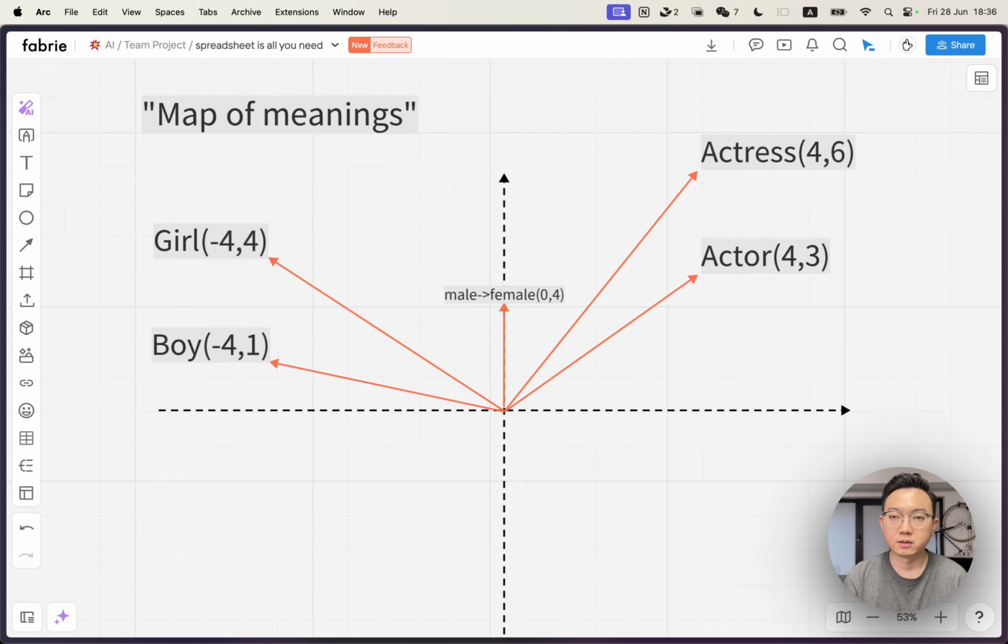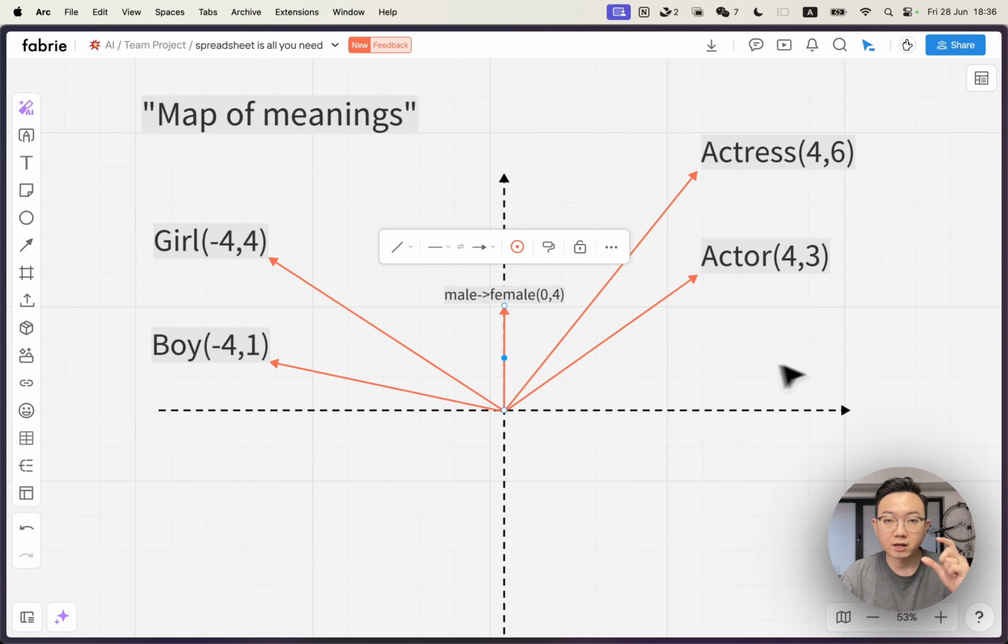If we take a look at actor and actress, these two vectors, the difference between them is a smaller vector pointing from actor to actress, right? The difference between actress and actor is the gender. So going from actor to actress is basically male to female.